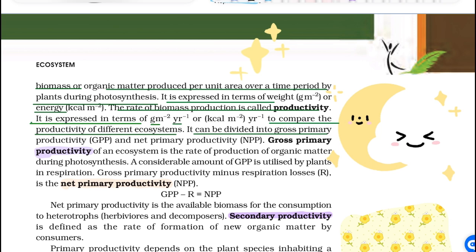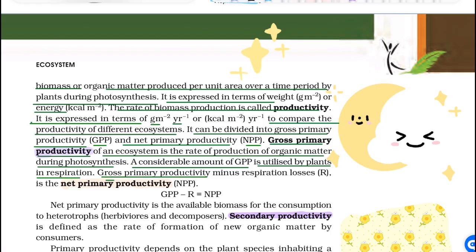It can be divided into gross primary productivity, GPP in short, and net primary productivity, NPP for short. Gross primary productivity of an ecosystem is the rate of production of organic matter during photosynthesis. A considerable amount of GPP is utilized by plants in respiration. Gross primary productivity minus respiration losses, denoted by R, is the net primary productivity.